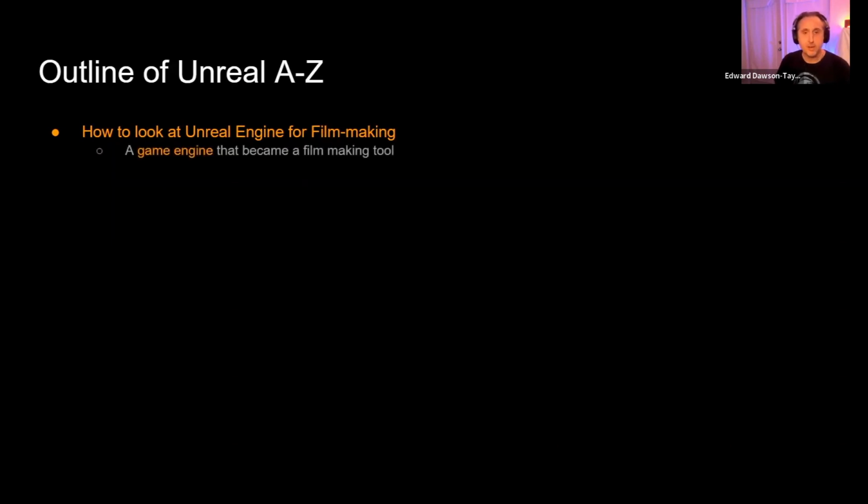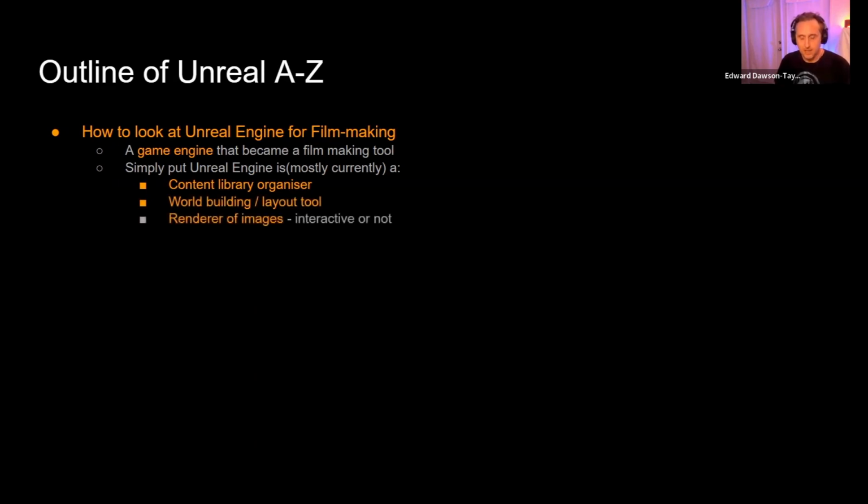Unreal's a game engine that became a filmmaking tool. That said, it still feels like a game engine sometimes, but it's got lots of tools that have been retrofitted to make it really good at filmmaking, and that's ever evolving. Currently, it's mostly an organizer of content, a world building and layout tool, and a renderer, either real time or offline. It has a timeline so you can make things move.